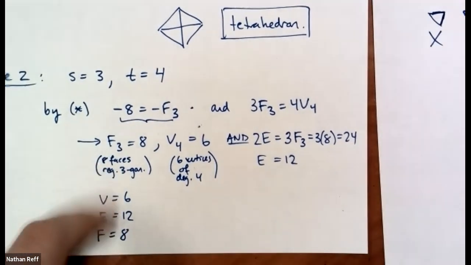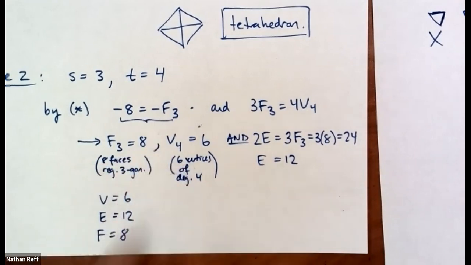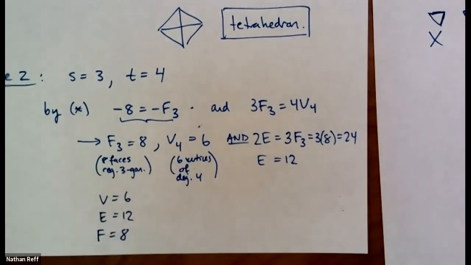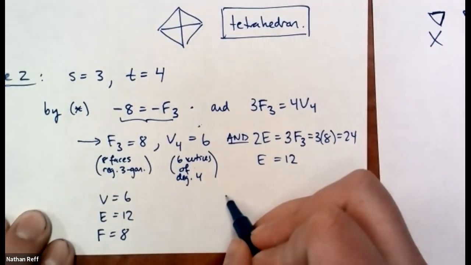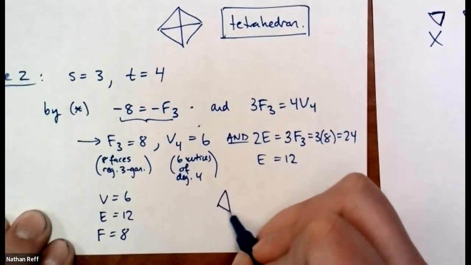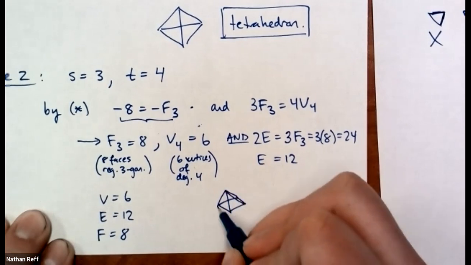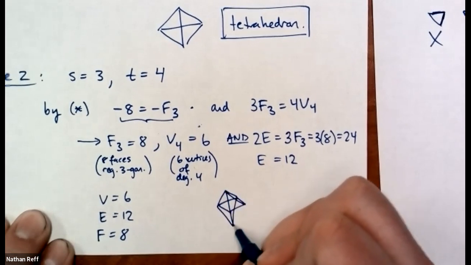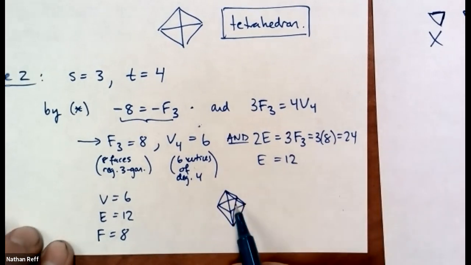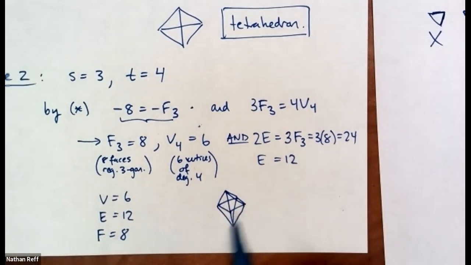But not only do we know this, we actually know what the structure of those things are: the degree and the face type. So we get an octahedron. Just be aware that that square is actually not a face; it's internal to the structure.